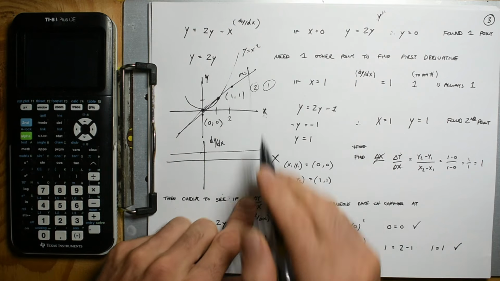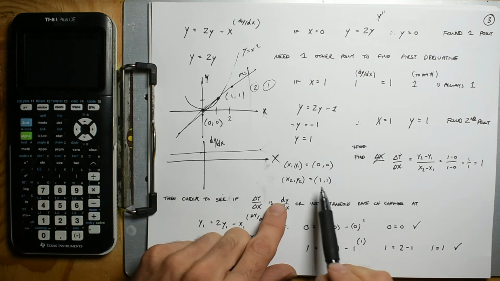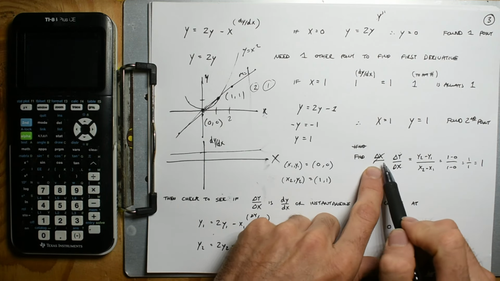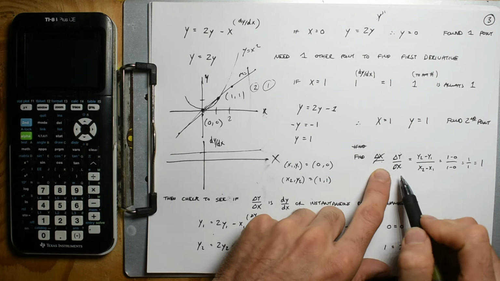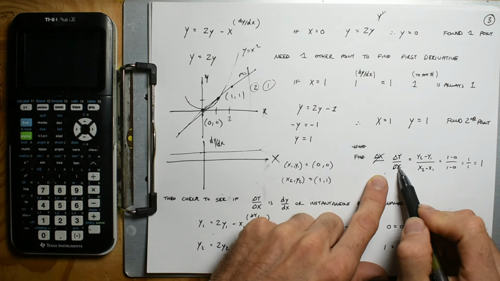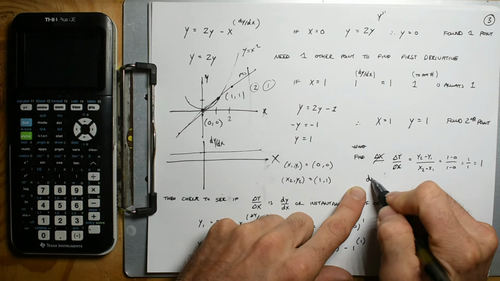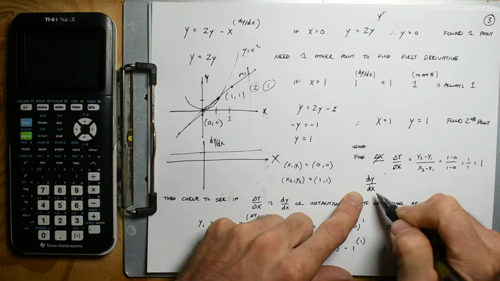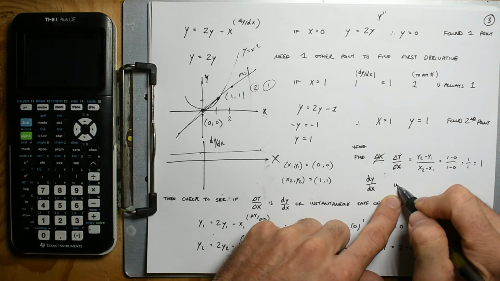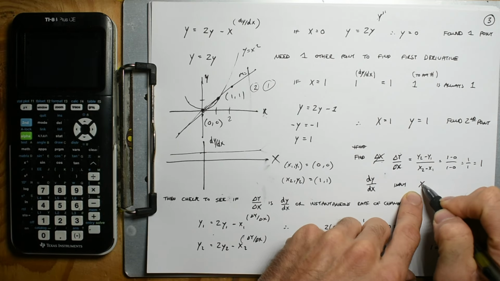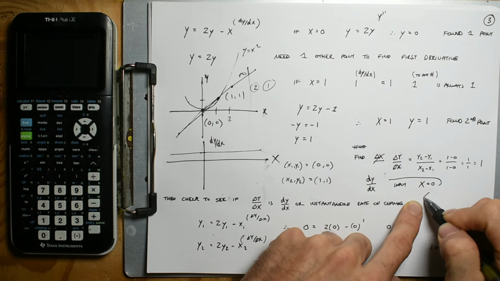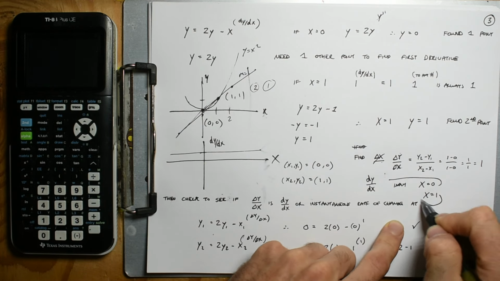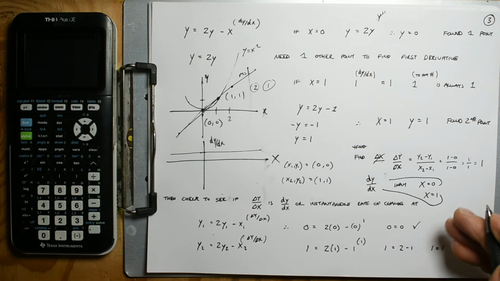It's obvious. But now that we have 2 points, I'm going to use the definition of the slope of a line. Or just, this is change in y, change in x. Even though we want an equation, we want dy dx, where we input the independent variable. So I'm going to input x is equal to 0, and I want to output that value. I'm going to input x is equal to 1, and I'm going to output that value, and it might be different.